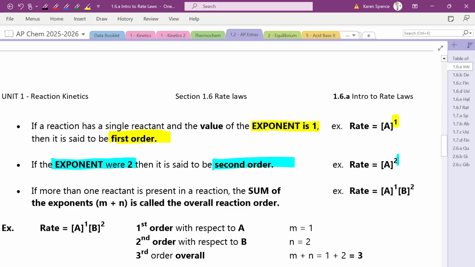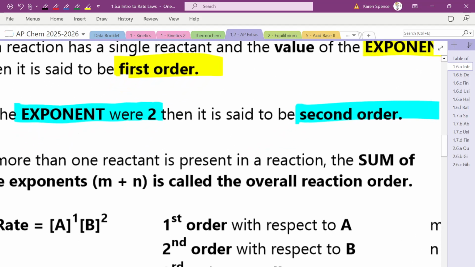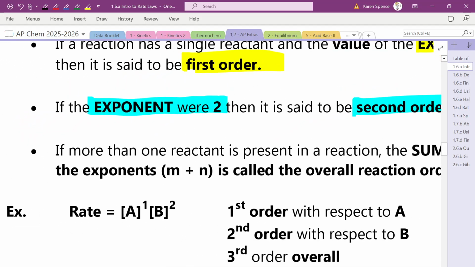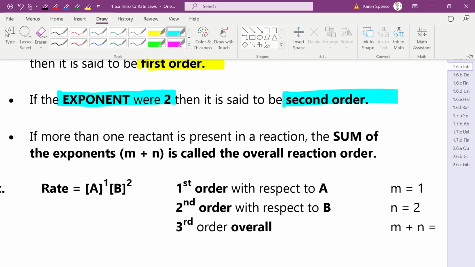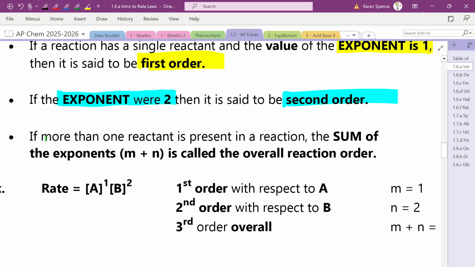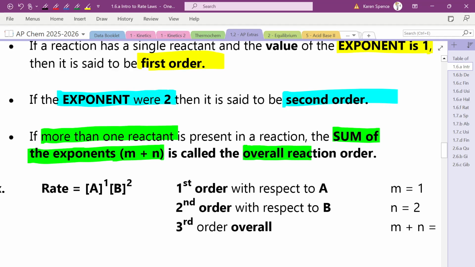Second order. Shocking, yes? And if you have more than one reactant present, you take the sum of the exponents, so m plus n, and that is called the overall reaction order.